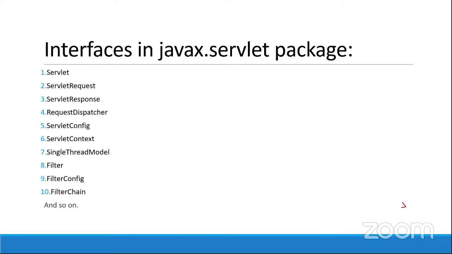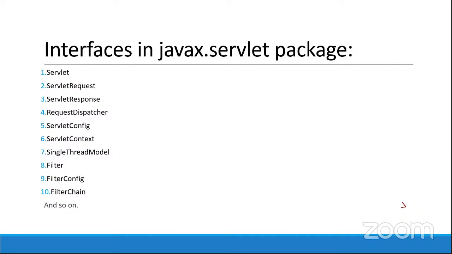Right. So hope you can see, these are the interfaces which are present in the javax.servlet API or package. So what are those? We have an interface called the Servlet interface. We have ServletRequest and ServletResponse, RequestDispatcher, ServletConfig, ServletContext, and so on. So each interface will have its own usage.